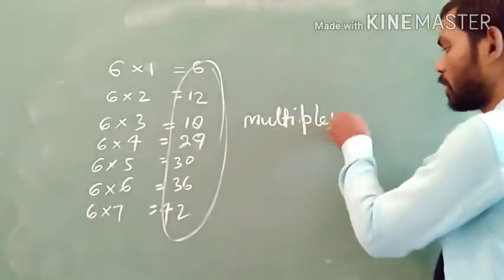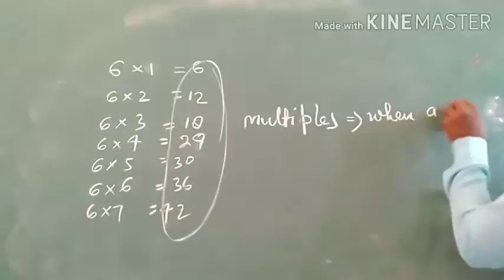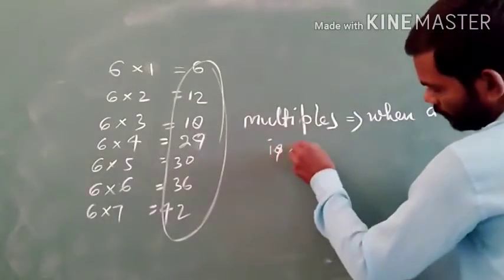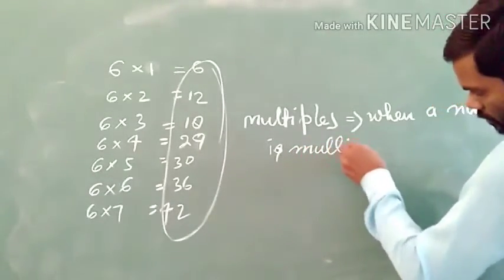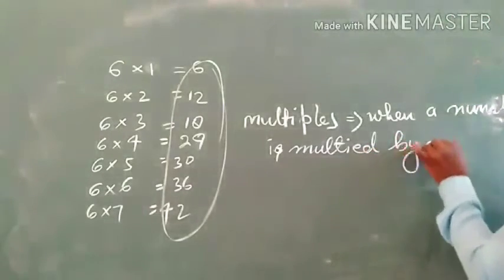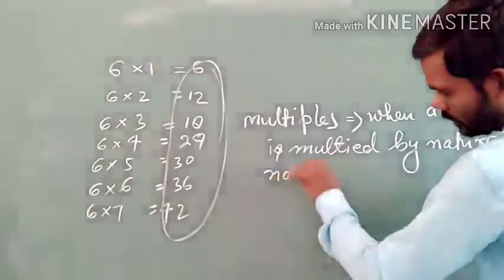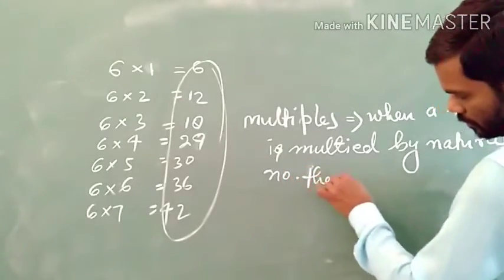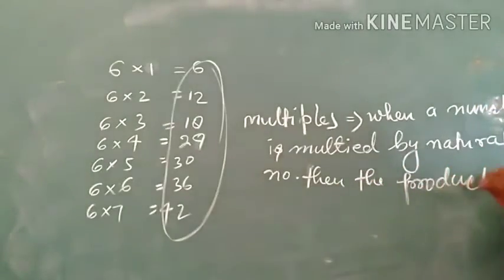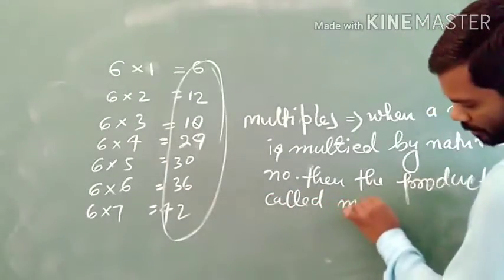So what is a multiple? We define it as: when a number is multiplied by a natural number, then the product is called a multiple.